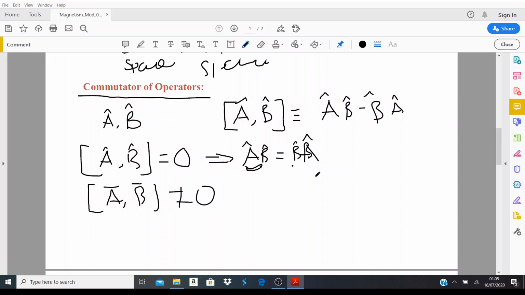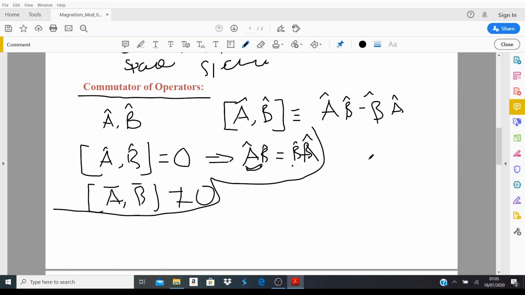So there are some operators which commute among themselves, and then we can change their order. For example, when we study diamagnetism, there will be operators like the position operator and the momentum operator. So here I want to give you some rules about this commutator. Let's assume some electron in 3 dimensions, right?